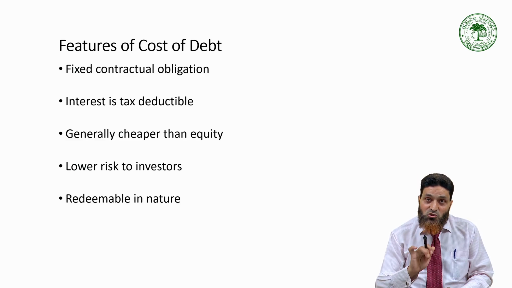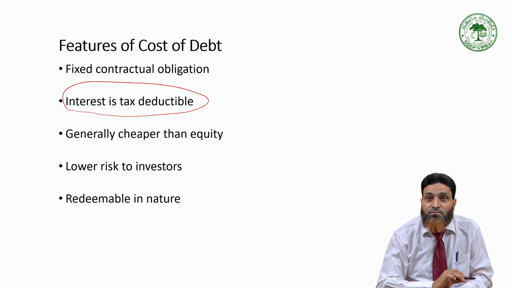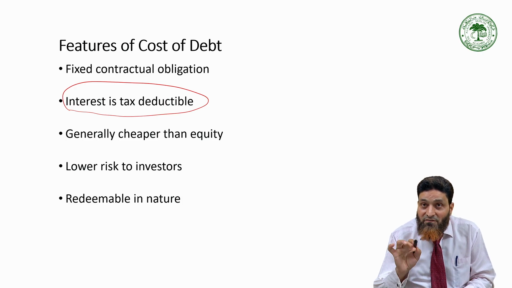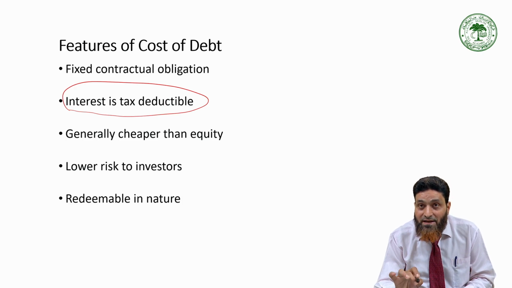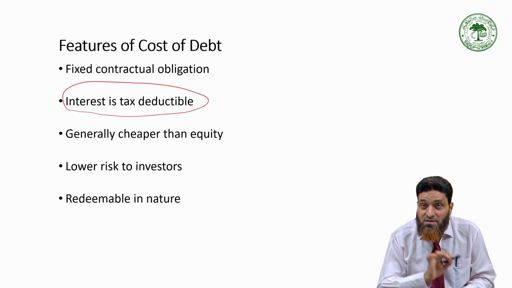Every year the company has to pay and lenders have to receive. The second important thing is that interest is tax deductible. This concept is very important from a computational point of view, and it should be very clear to you. If you don't understand this particular concept, what does it mean?